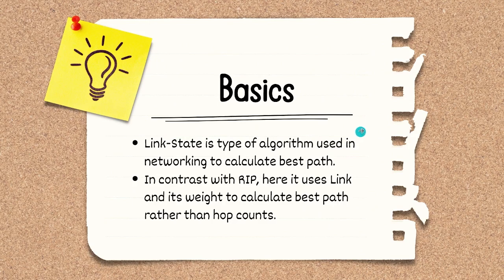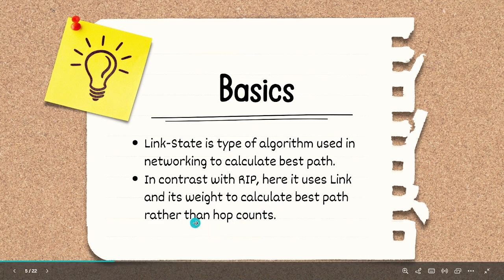The basics of link state is that it is a type of algorithm used in networking to calculate the best path towards the destination. In contrast with RIP, what will be different over here is that, rather than calculating the hops on the way, we will be calculating the weights of the edges or the links to calculate the best path.